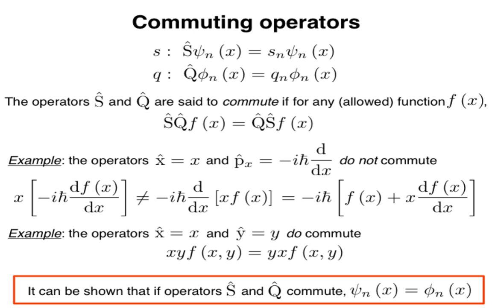Since each eigenfunction corresponds to a well-defined eigenvalue of an observable, then if two observables share an eigenfunction, it means that their values are simultaneously well-defined. Otherwise, this is not the case, and the values of observables that correspond to non-commuting operators cannot be known simultaneously to arbitrary precision, in accordance with Heisenberg's uncertainty principle.